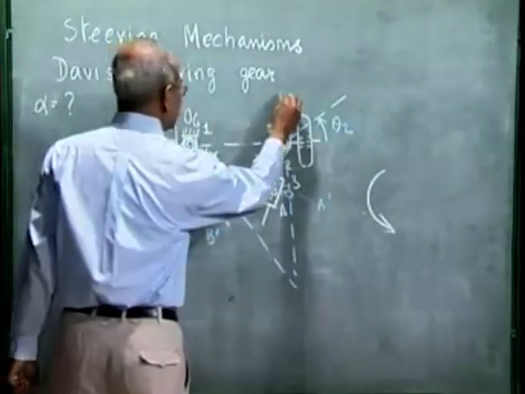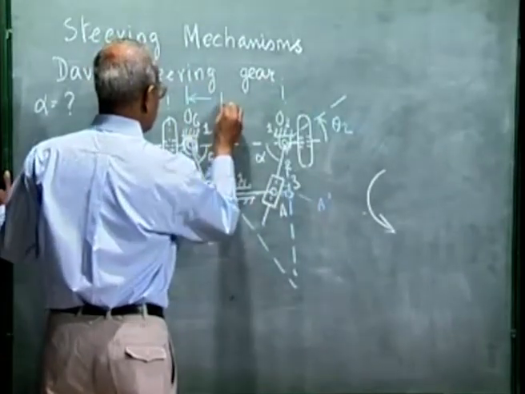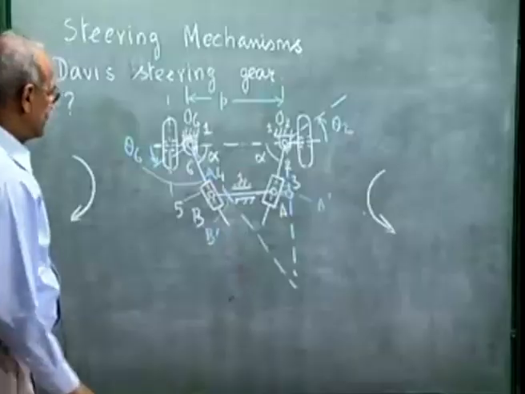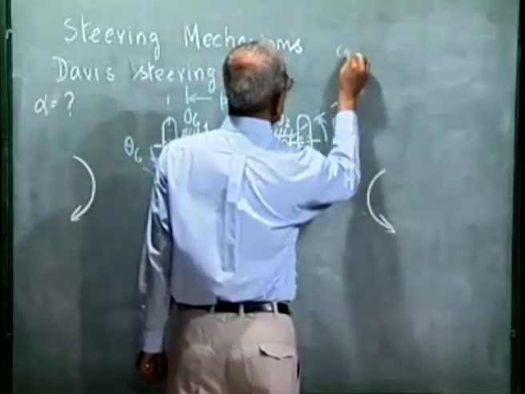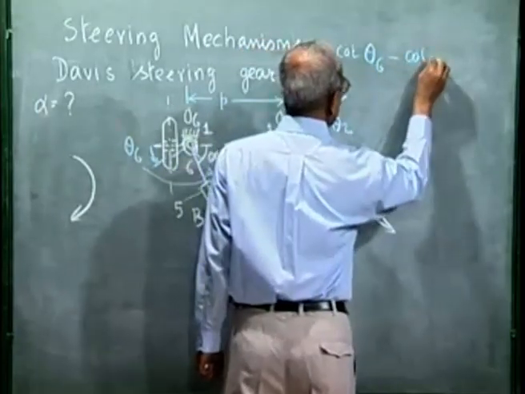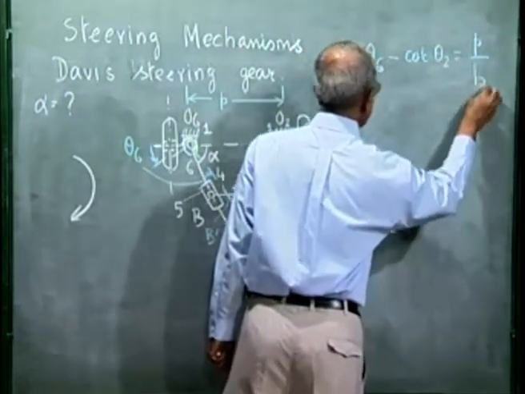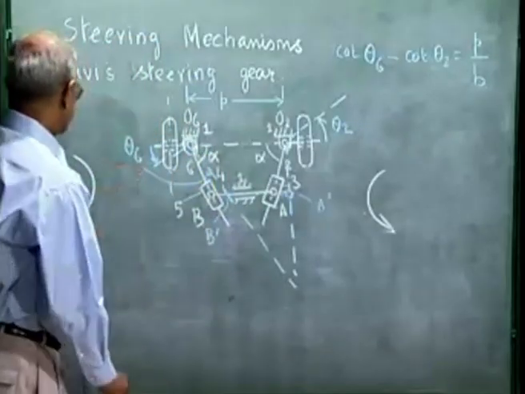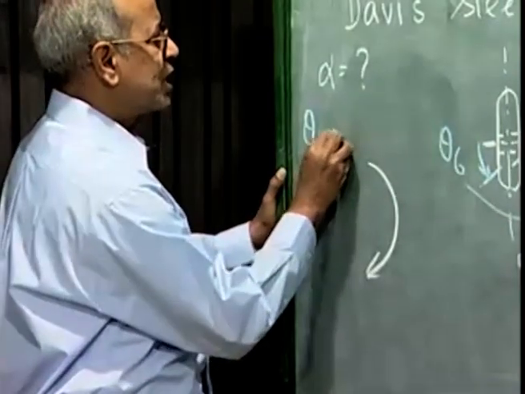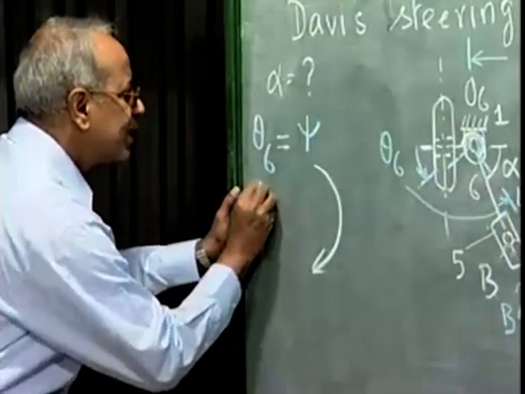If we remember, this distance between the pivots we denoted by P, and the steering requirement was cot of theta 6 minus cot of theta 2 is P by B. In a previous diagram, theta 6 we denoted as the rotation of the outer wheel, which was psi, and theta 2 was the rotation of the inner wheel, which we denoted by phi.